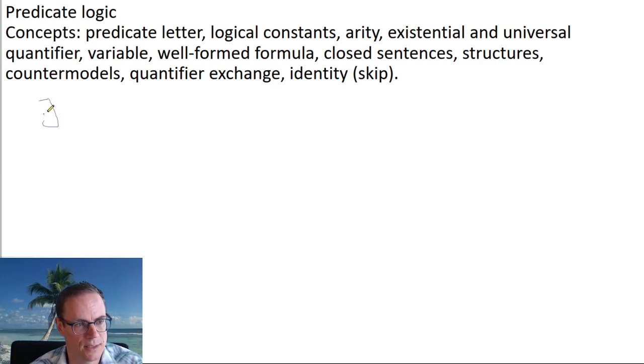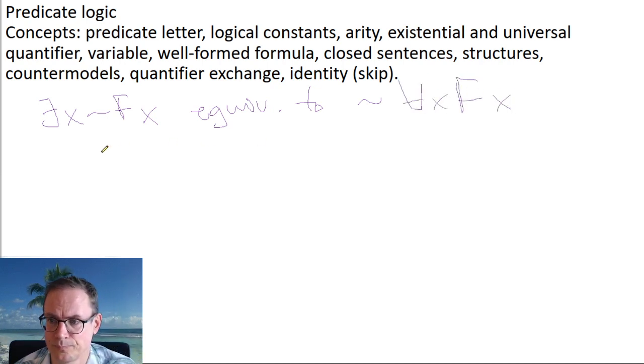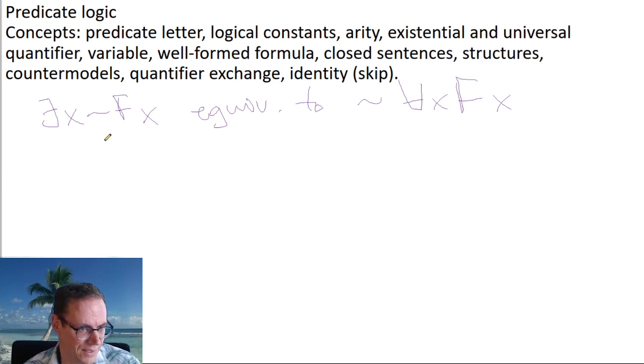If I say there's an x such that not fx, that's equivalent to it's not true that for all x, fx. Now why is this true? There's something in the universe that isn't f. There's a counterexample. There's a non-f. Not everything is f.